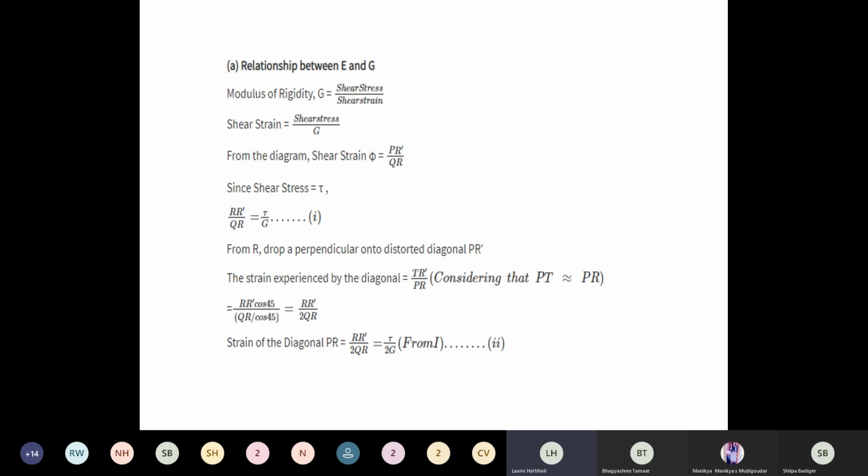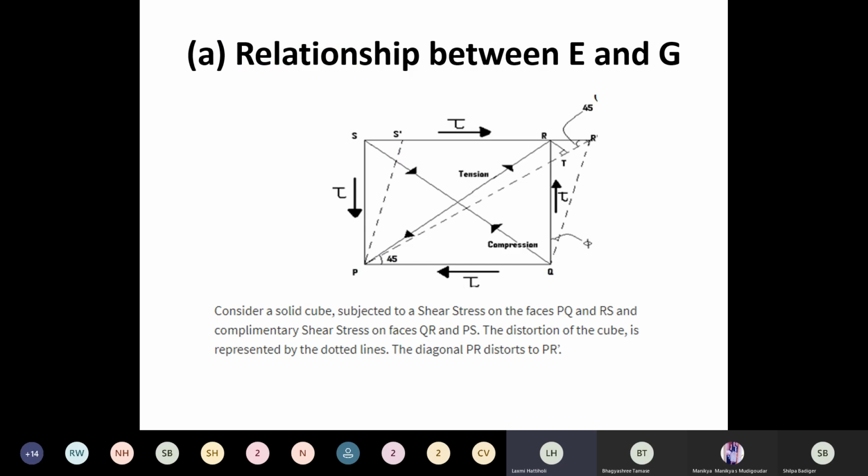Now let me show this once again. Now I need to write an equation for TR dash. TR dash is equal to RR dash cos 45. Where is your TR dash? This is your adjacent. Adjacent is nothing but TR dash. So this adjacent, I can write in terms of the hypotenuse and cos 45. That is RR dash cos 45.